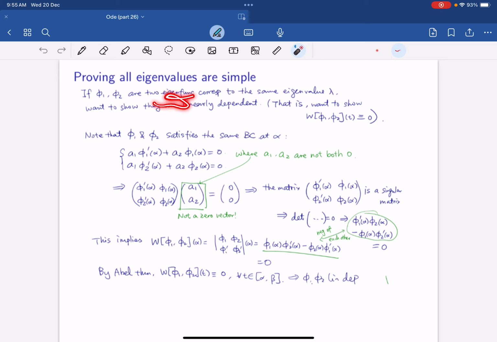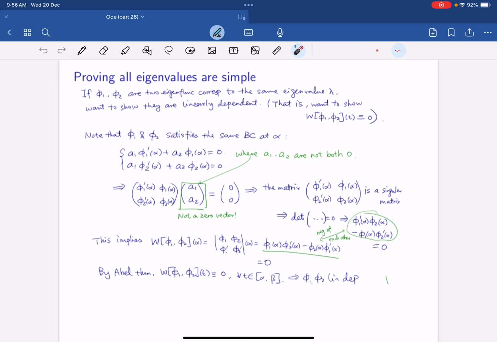If you have two eigenfunctions, you want to show that they are linearly dependent. Because phi 1 and phi 2 satisfy the same boundary condition, you have the following equations over here, and we can write them in matrix form. We want to show this is the 0 vector, so we just need to find the determinant.